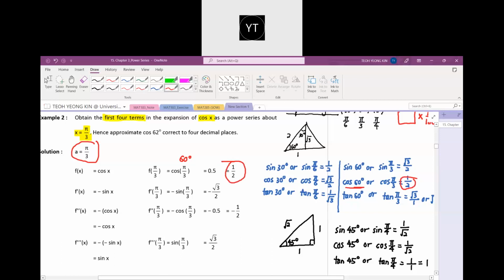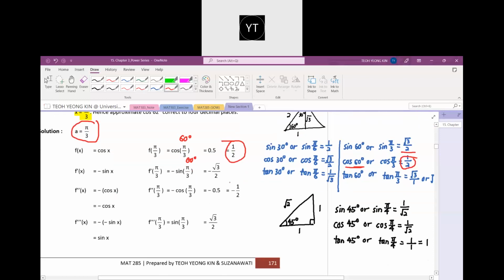So this is sine 60 degrees. Sine pi over 3 is sine 60 degrees, which is square root of 3 over 2. It is negative because there is a negative here. And then differentiate, substitute, differentiate, substitute. The first four terms: 1, 2, 3, and 4.